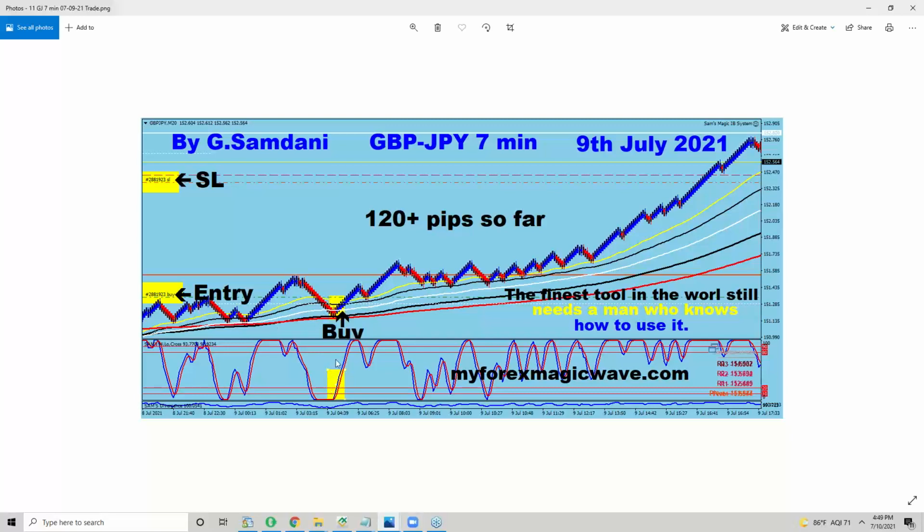Then this is the one that was taken because of the alarm beeping, and after that no looking back at all, all the way up 120 pip. So this is how this system works. It's just a matter of understanding it, learning it, and using it properly with the rules.